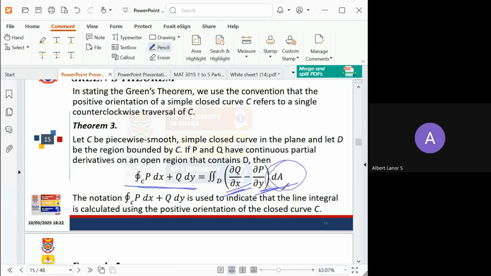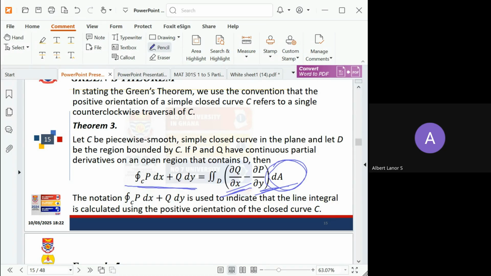Now, when you see this dA, it tells you that you need to consider also the Jacobian. Last week we mentioned it. So the dA means you have to transform it into both x and y. It can mean dx dy if r is 1.